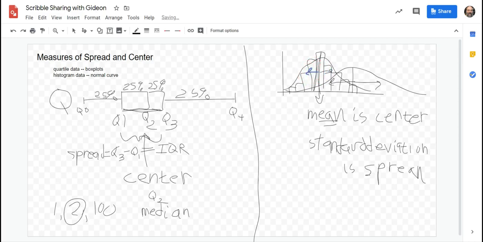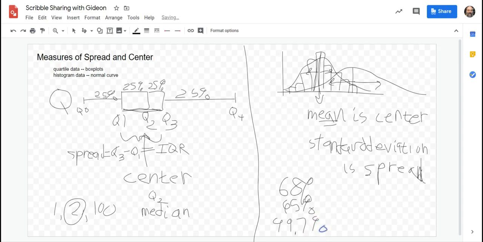And I do want to remind you that when your data is reasonably normally distributed, we have the empirical rules: 68%, 95%, and 99.7%.